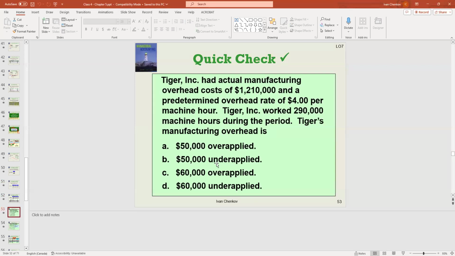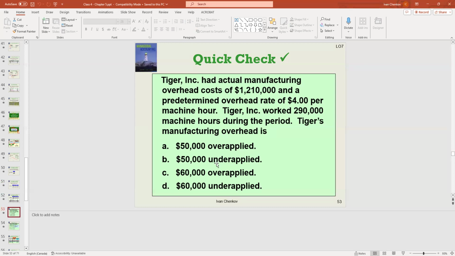It's $50,000 under applied. Sorry? $50,000 under applied. No, before we go to the 50, tell me how much overhead they applied. $1,160,000. Everybody get that number? Yes. So what happened?